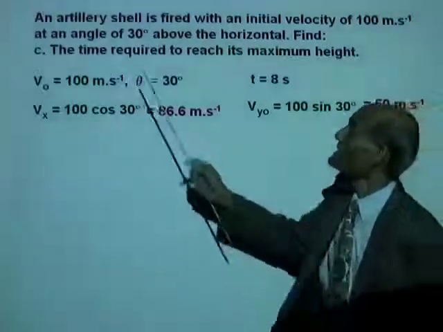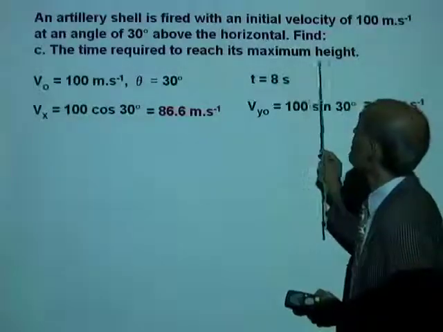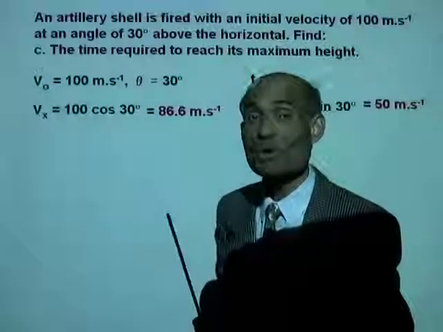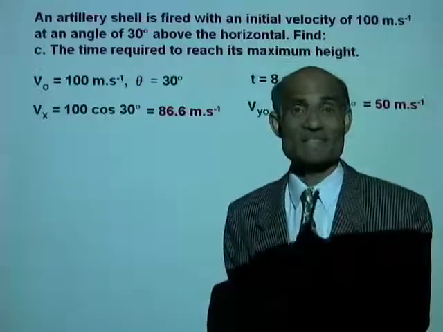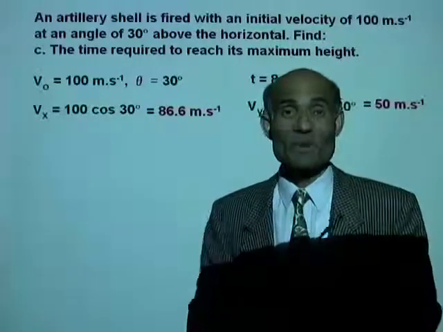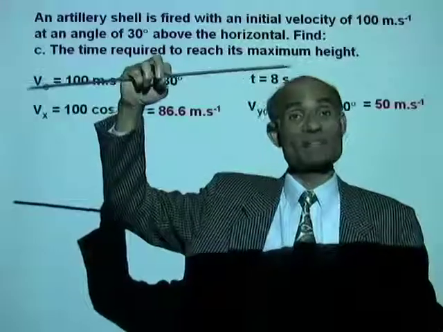Alright. Part C. What is the time required to reach its maximum height? Now, we discussed that in our previous lesson. Now, what is the significance of the maximum height?